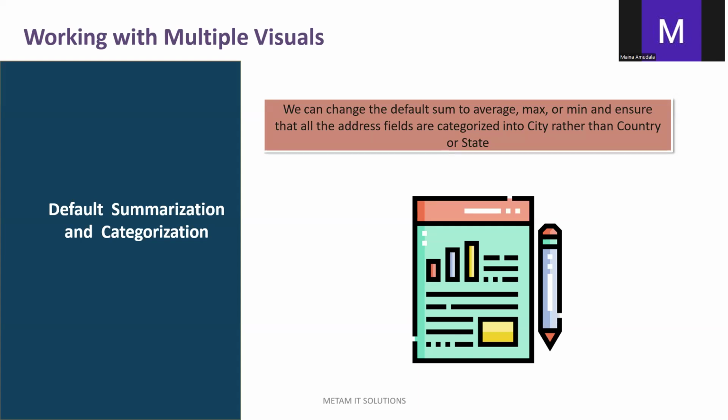For one query, if I change anything, the visuals should change the corresponding data according to the city, country, or state. If one of the graphs changes, all the remaining related graphs also change in the default summarization and categorization.